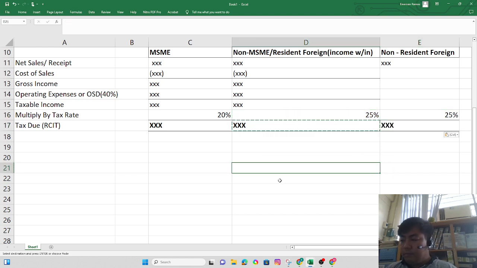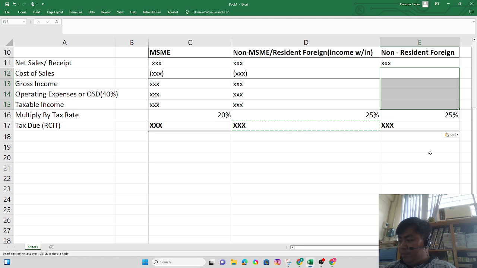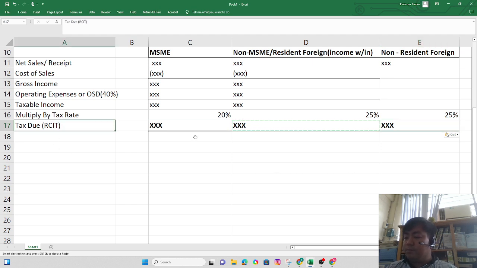So, as you can see, for non-resident foreign corporation, there's no deductions included in computing for the tax due. Okay, so that is how we compute for the regular corporate income tax for corporation.